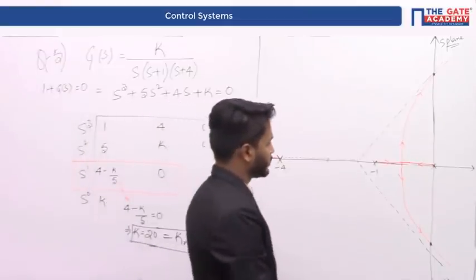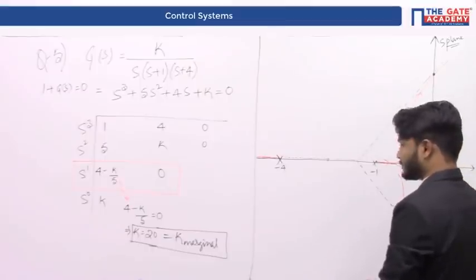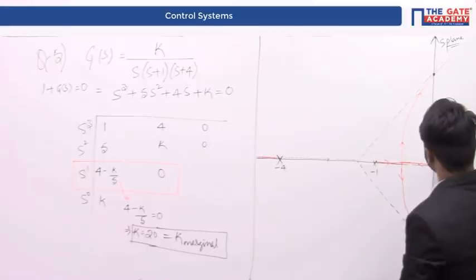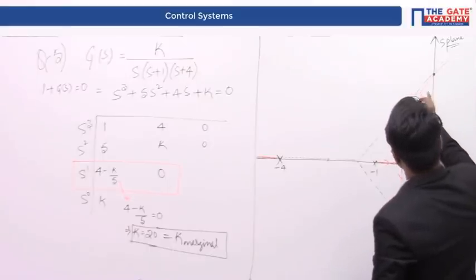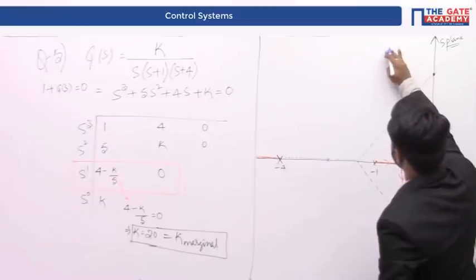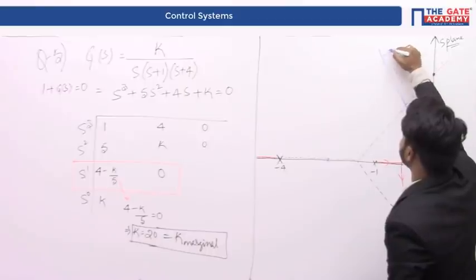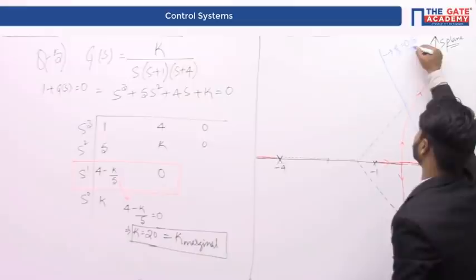So let us take the constant damping ratio line to be here, somewhere here, like this. So this particular line corresponds to constant damping ratio, that is zeta is equal to 0.5.